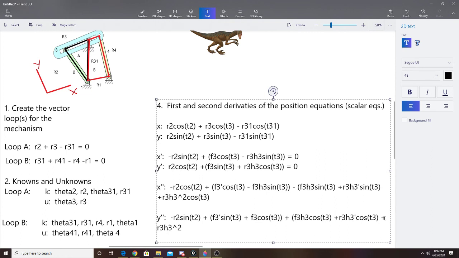Oh, it's a negative sign because we swapped from cosine to sine. Minus R3 H3 squared sine T3 equals 0.